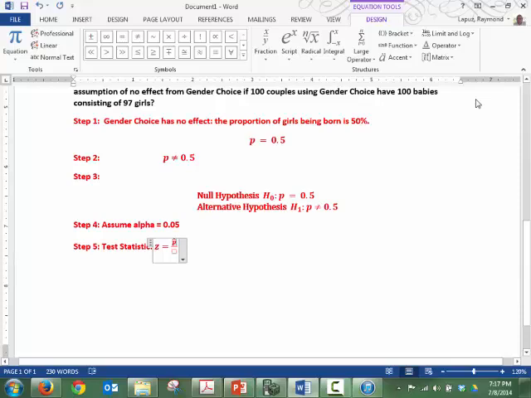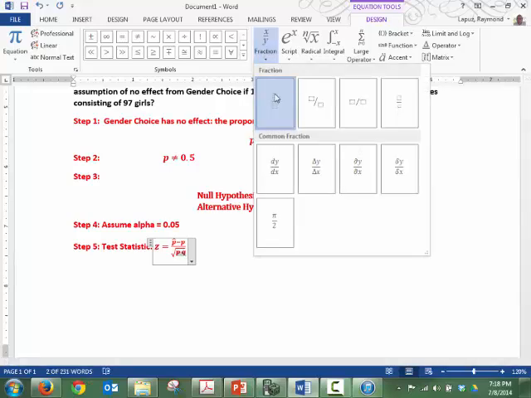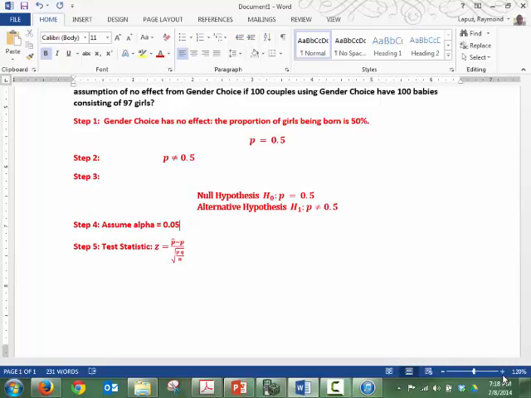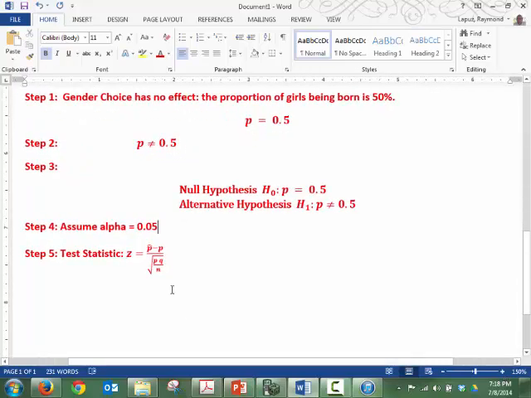P hat minus P, divided by the square root of P Q, divided by N. It's getting harder and harder to see here. It's getting smaller. So this is going to be our test statistic for this particular problem.